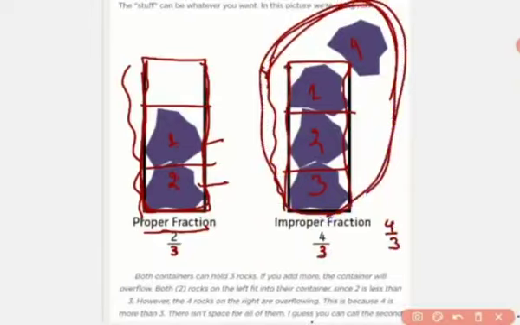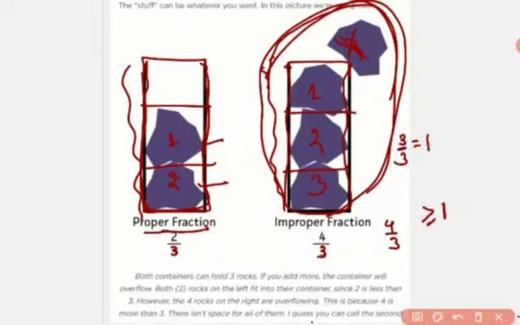Improper. Your improper fractions are always greater than or equal to 1. If I take only 3 in this picture instead of 4 blocks, the fraction will become 3 by 3, so this will be equal to 1. Again, this 3 by 3 is an improper fraction.